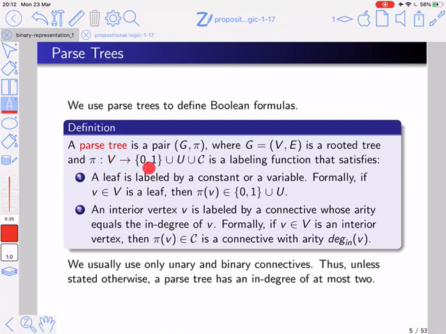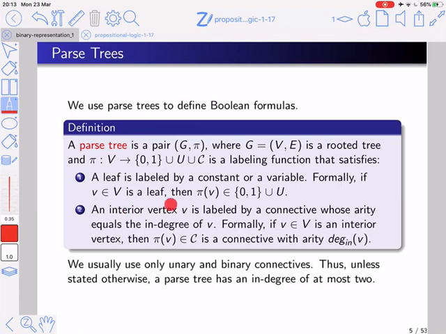These labels could be constants, 0 or 1, variables in the set U, or logical connectives. Now, this labeling pi has to satisfy 2 conditions. The first condition is that leaves are labeled by constants or variables. Therefore, if V is a leaf, then pi of V has to be either a constant or a variable.